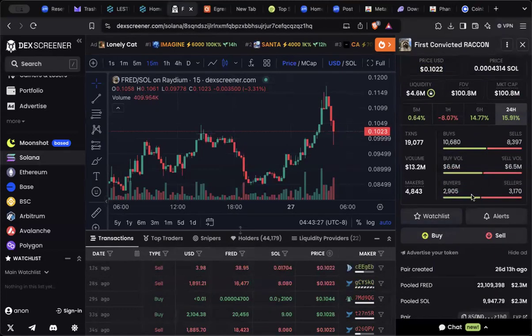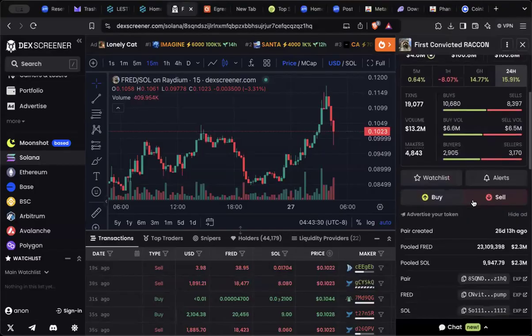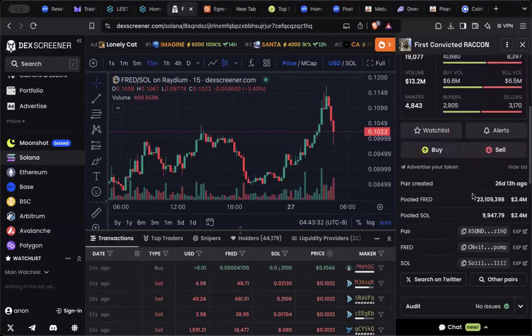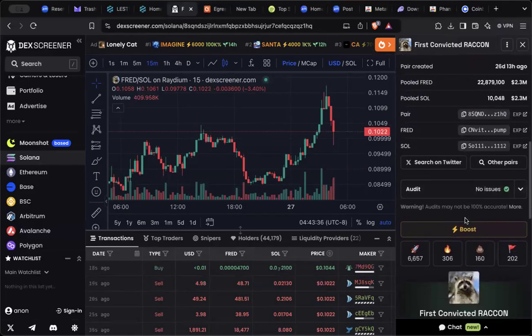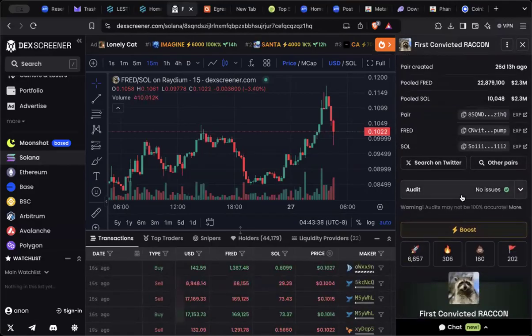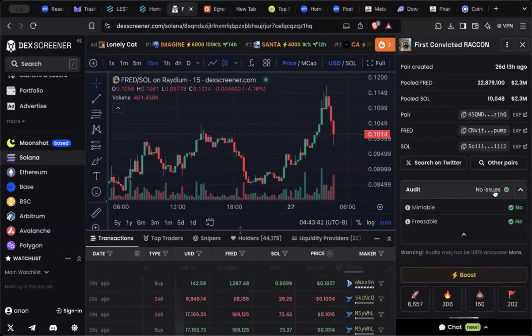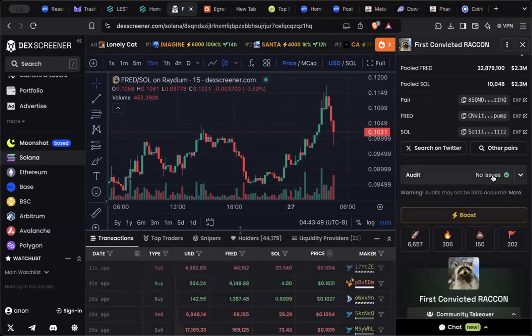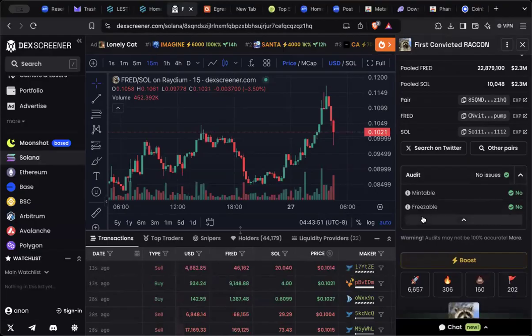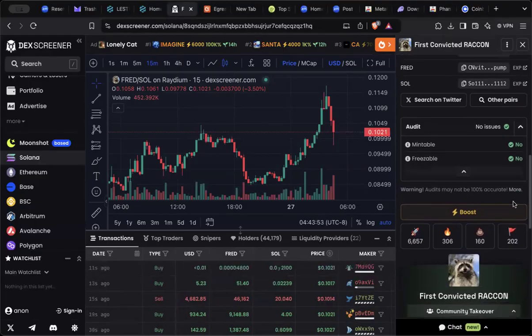The volume looks healthy. And now if you keep on scrolling down, it gives you more technical information, which you don't have to really worry about so much, but you want to look at this part where it says audit, and it says no issue. On here, it says mintable and freezable are no, which is a good sign.